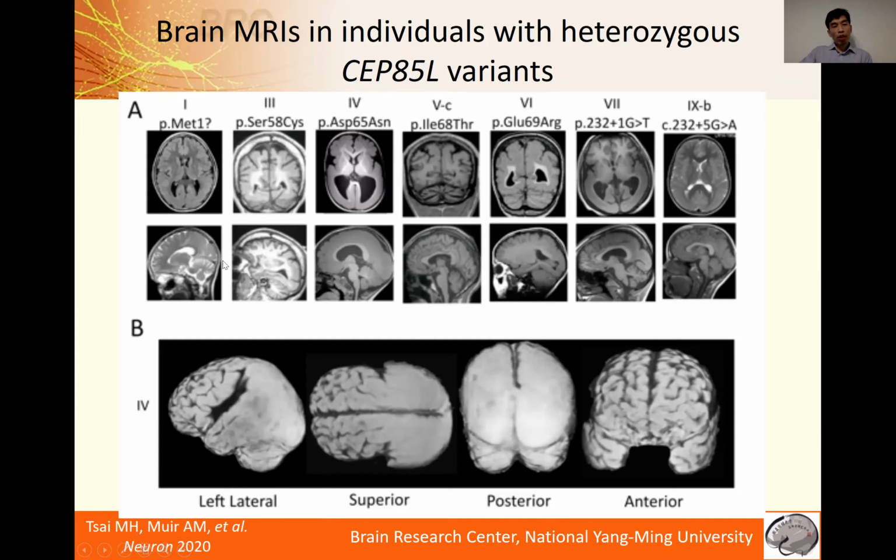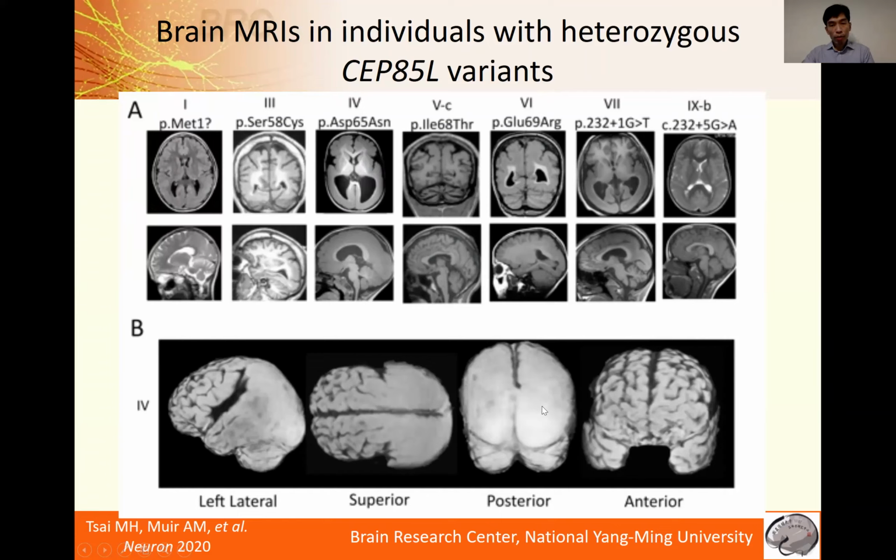In collaboration with a lot of geneticists, including Australian scientists, we found many other patients who have mutations in this CEP85L gene, and this is a 3D MRI imaging.